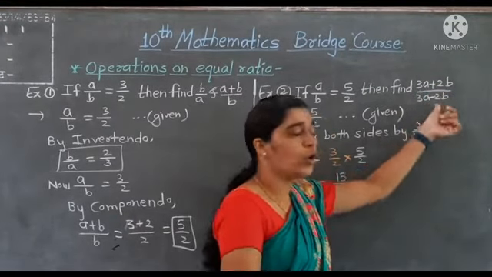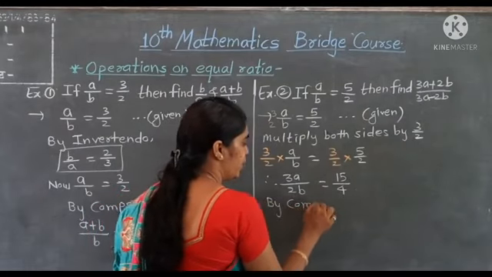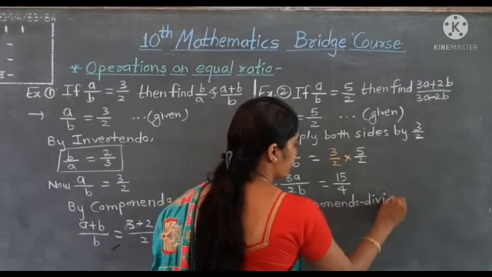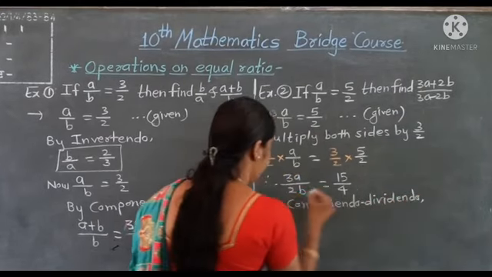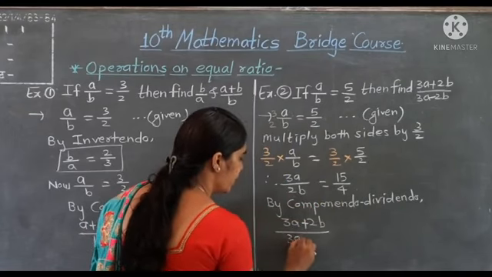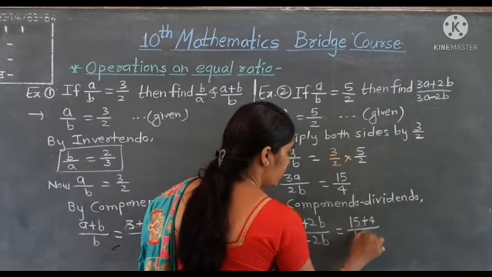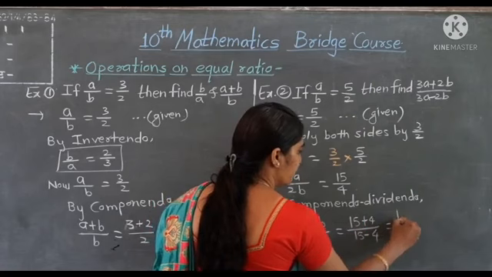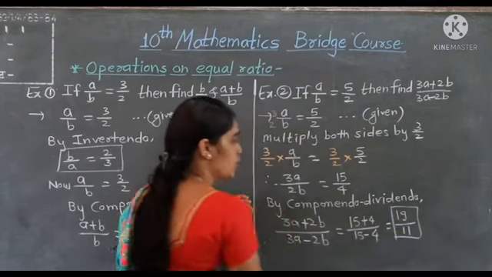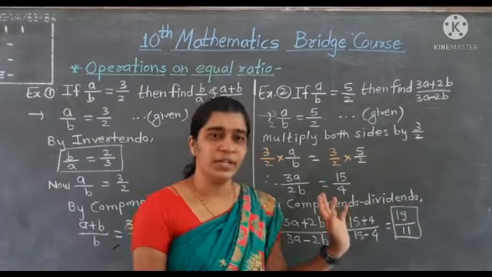Now there is componendo and dividendo. So by componendo dividendo, you write 3A plus 2B upon 3A minus 2B is equal to 15 plus 4 upon 15 minus 4, is equal to 19 upon 11. So we get 3A plus 2B upon 3A minus 2B as 19 upon 11.